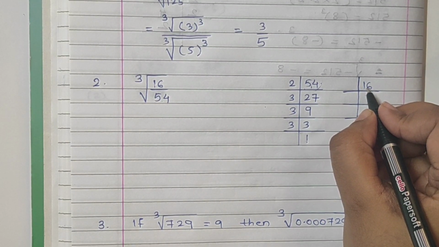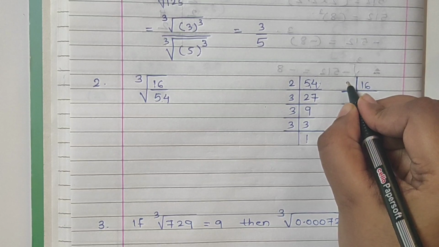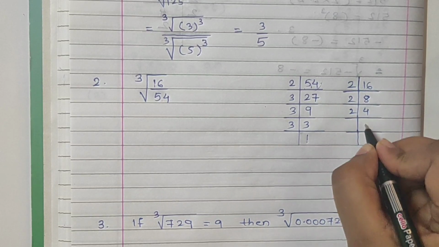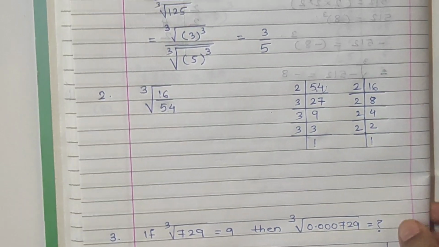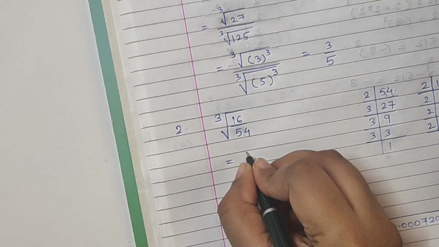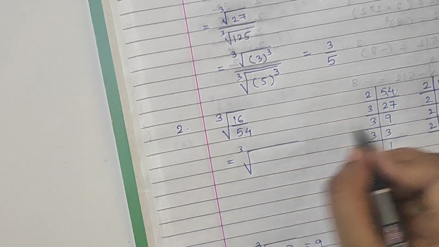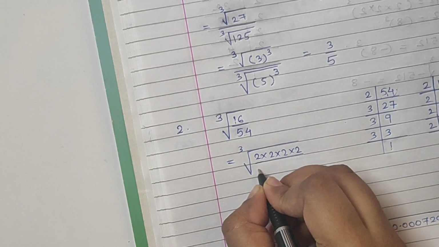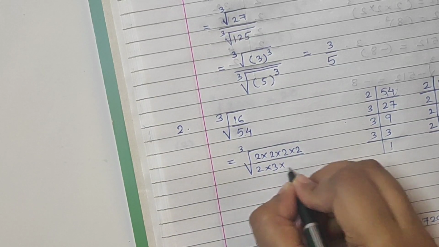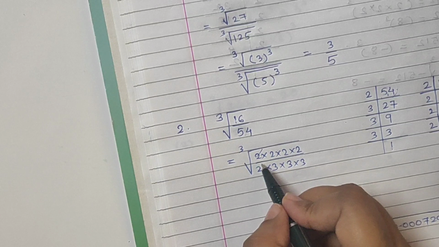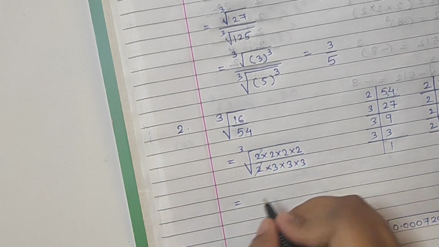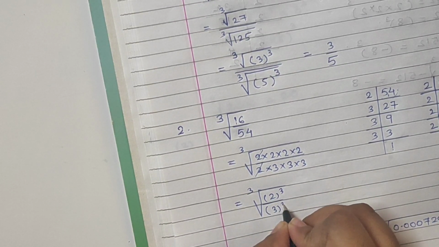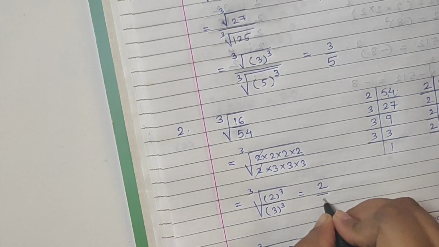Now factors of 16. 6 is divisible by 2. 2 8s are 16. 2 4s are 8. 2 2s are 4. 2 1s are 2. Now you will write here, instead of 16, 2 into 2 into 2 into 2 upon 2 into 3 into 3 into 3. This 2 2 will get cancelled. Now 2 raised to power 3 upon 3 raised to power 3, which is equal to 2 upon 3.